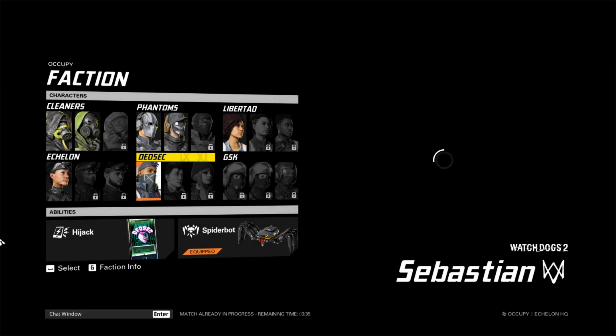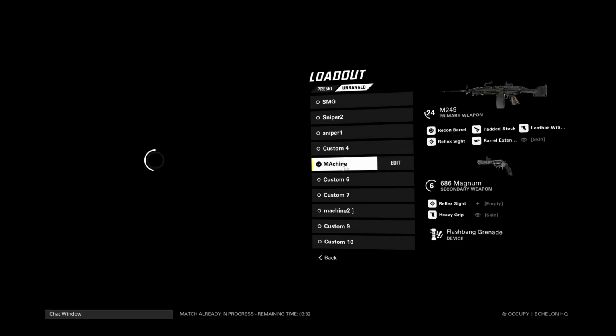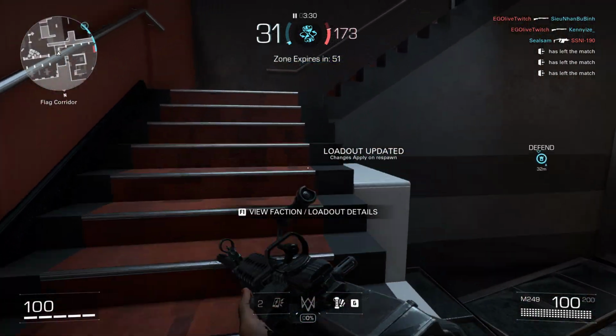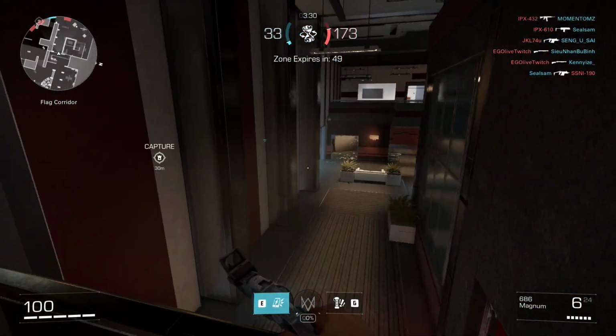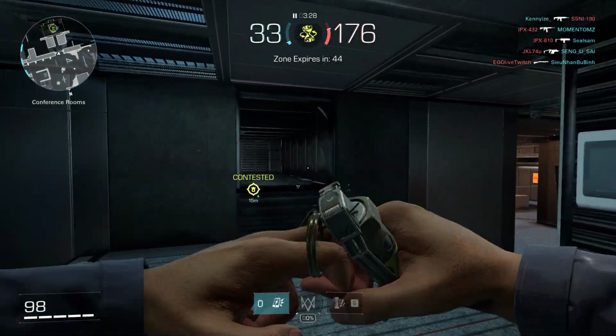Take capture zone relocating. Capturing zone. Zone in jeopardy. Capture zone contested.